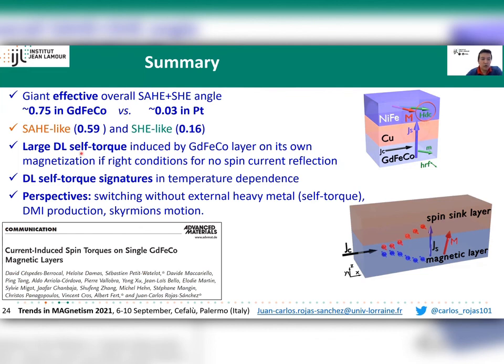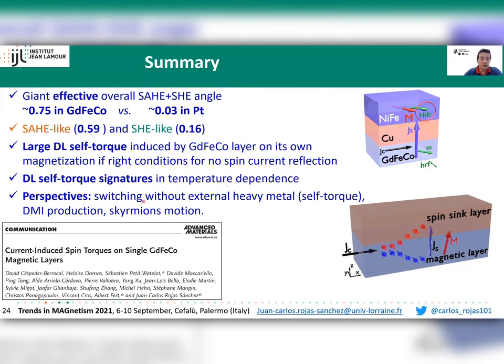We showed the condition to enhance the spin-orbit torque by adding a good spin sink layer on top of this magnetic layer. I also showed you, even if quickly, another signature of the spin-orbit torque in the temperature dependence in the case of ferrimagnets, where we can change from gadolinium rich to cobalt iron rich.